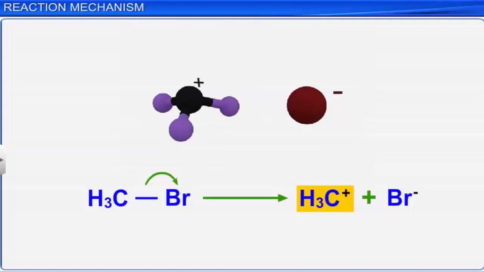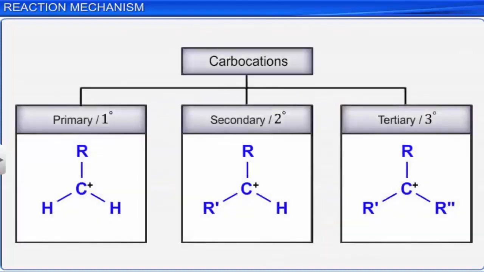A positively charged carbon with a sextet, which is the methyl cation here, is called a carbocation or a carbonium ion. Carbocations are very reactive as they have a strong tendency to complete their octet. Depending on the number of alkyl groups directly attached to the positively charged carbon, carbocations are classified as primary, secondary and tertiary carbocations.